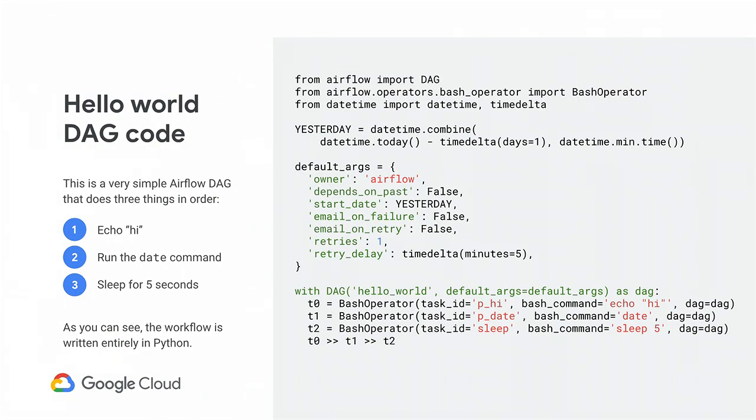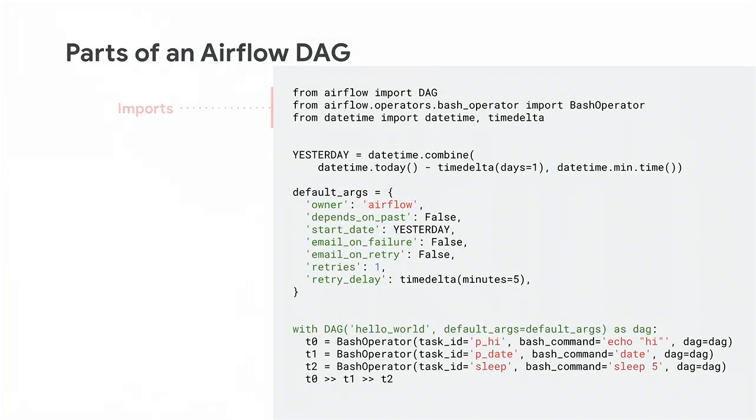It has about 3 tasks, you run different commands, and you have ways to specify the dependencies among your tasks. At the beginning, you do your standard Python imports. Those just tell Airflow, hey, I want the DAG, and the DAG is the top-level workflow construct. After that, you import whatever operators you think are useful.